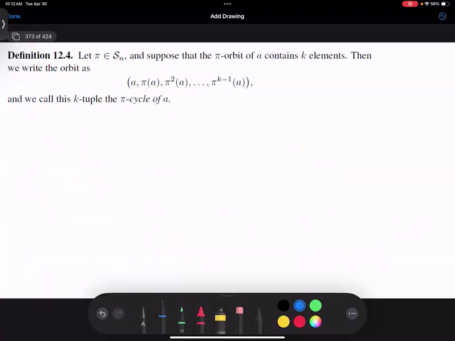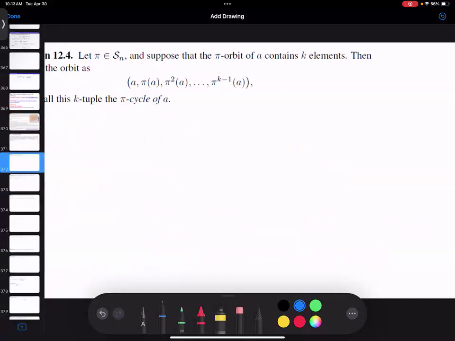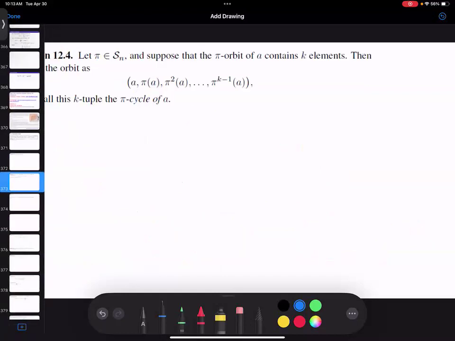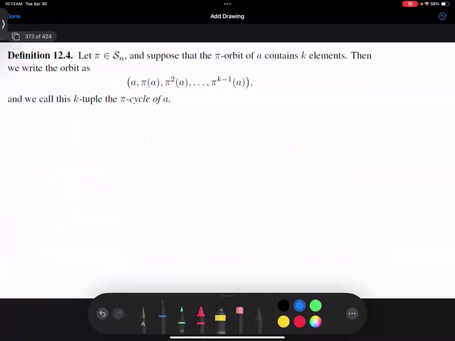All right, so the next one is, suppose we have a permutation, then we can look at essentially what's going to happen with the orbits. So if we go back to the previous problem, I've got my tau (1 2) and my tau (1 3), and I can see what they do. So what would tau (1 2) send 1 to? It would send it to 2.